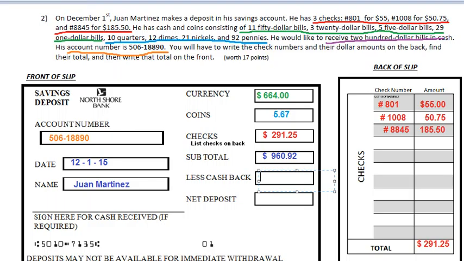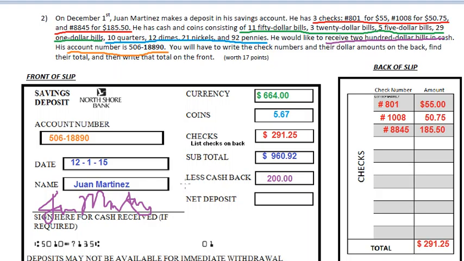Now, we can move on to less cash back. Is this person keeping any money for themselves? Well, in purple, up in the paragraph, we see that they're keeping $200 for themselves. And then, since they're keeping money for themselves, you sign their name in cursive. I'm trying to do a little bit of a scribble since I'm using the mouse. But yeah, you sign their name and you write $200 right there because Juan wants to keep $200 for himself.